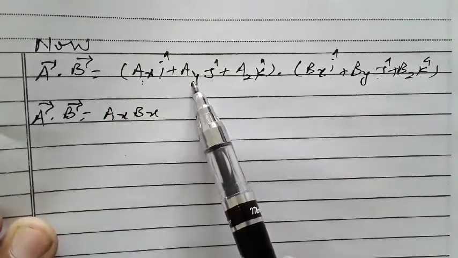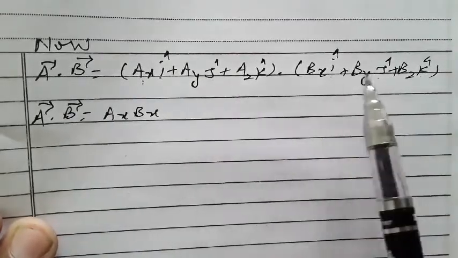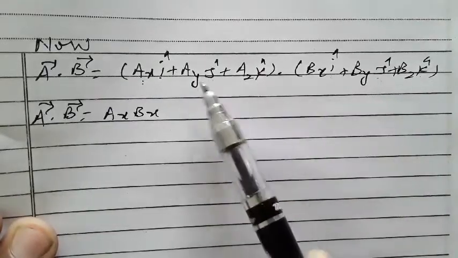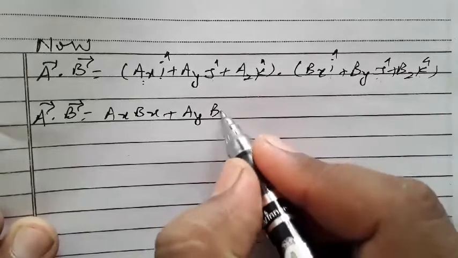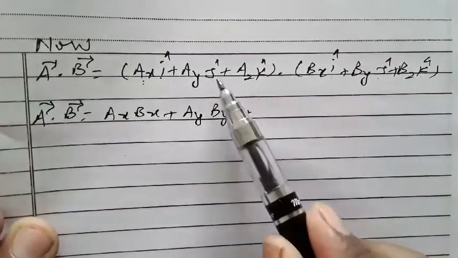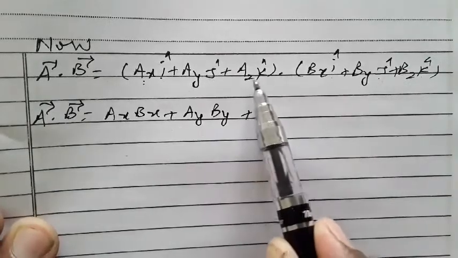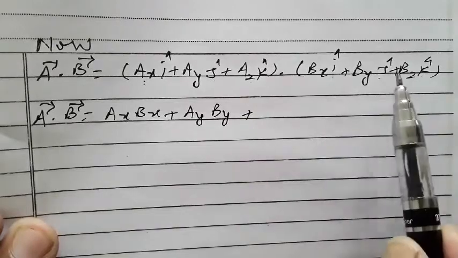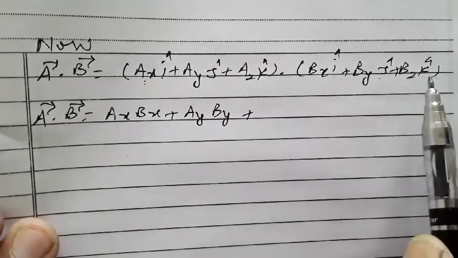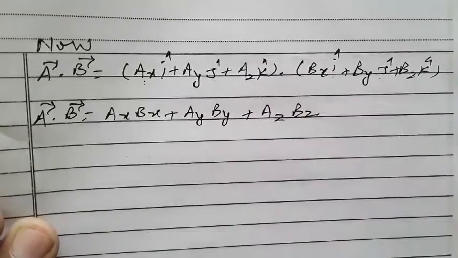Now ay j cap dot i will be 0, j cap dot j cap is equal to 1, so ay into by. j cap dot k cap is equal to 0. Az k cap: k dot i is 0, k dot j is 0, k dot k is 1. So this is plus az into bz.